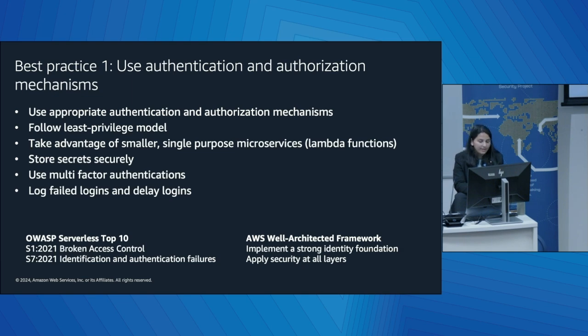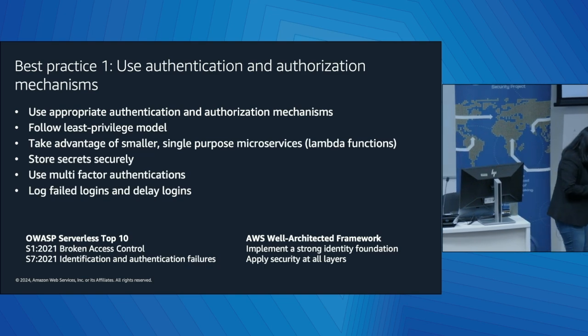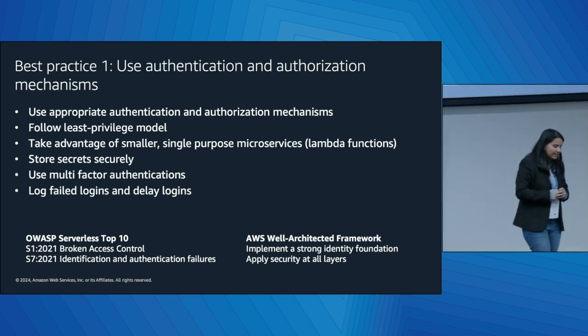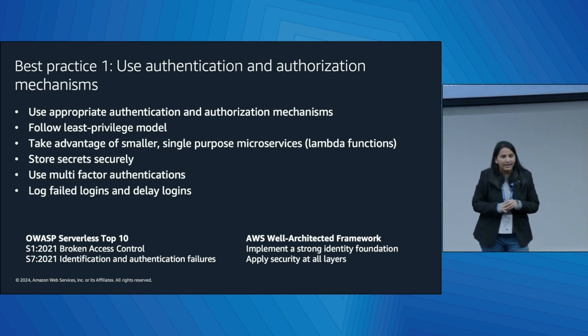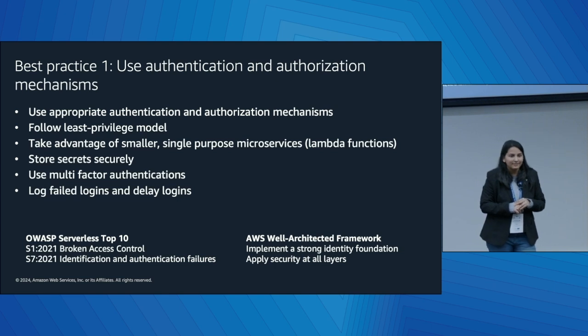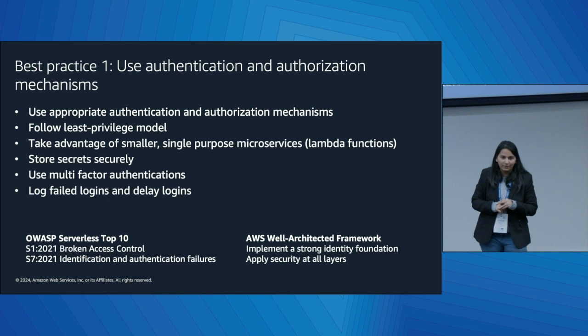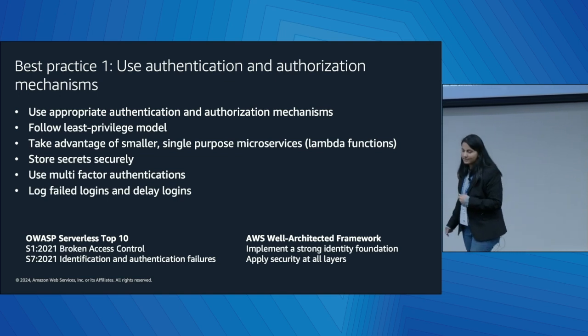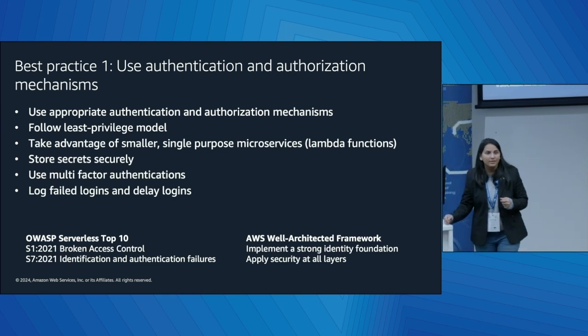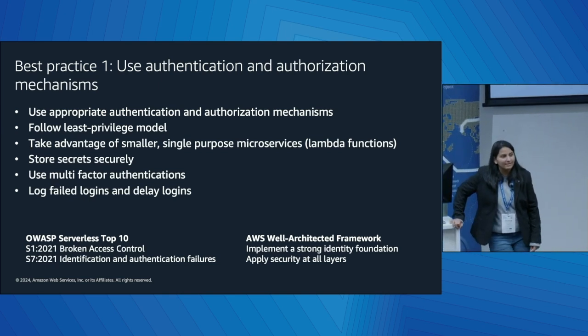Use multi-factor authentication, log failed logins, and delay logins. For example, somebody tried to log in with my credentials and got the password wrong. They tried again and got another one wrong. When you get multiple authentications wrong, the application should be able to look at that and say, this one guy is getting multiple authentications wrong.